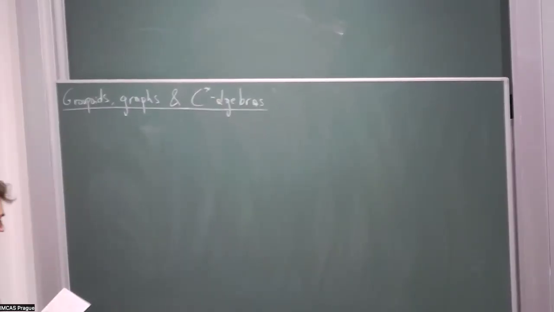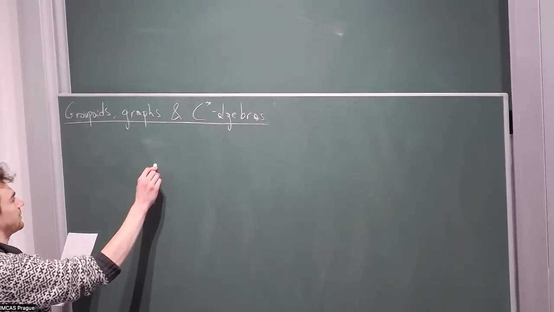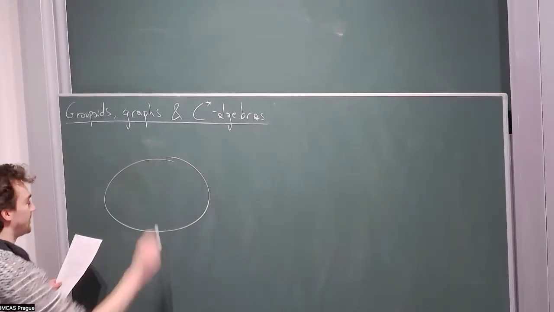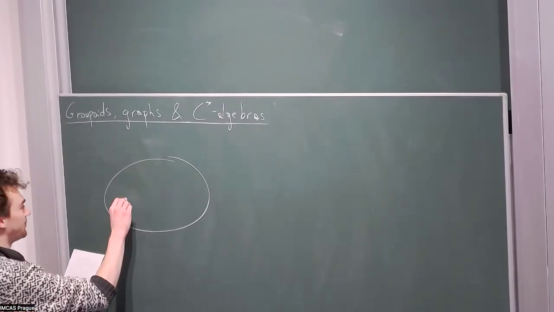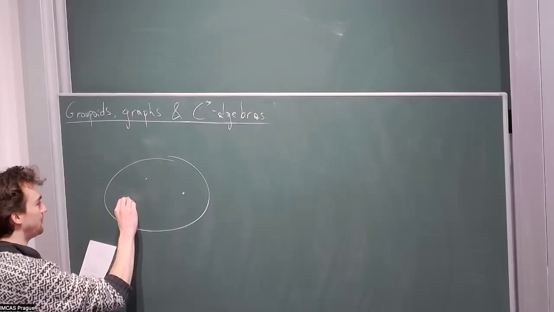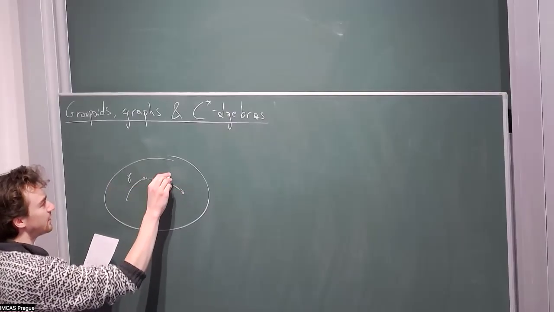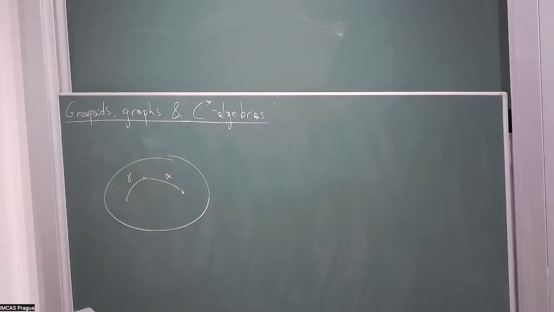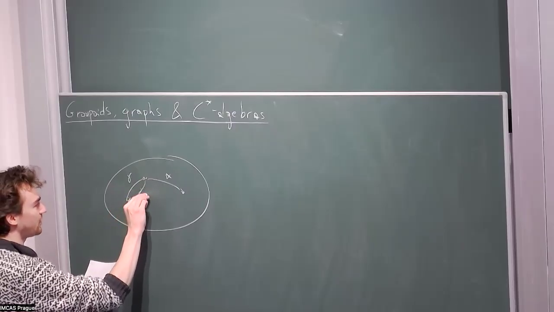So the way I want to present groupoids to you is the following. Let's draw this small category here. We have a number of objects in this category, and then we have some morphisms going between them, say gamma, alpha, and the point is that every morphism is invertible, in the sense that there always exists some gamma inverse.